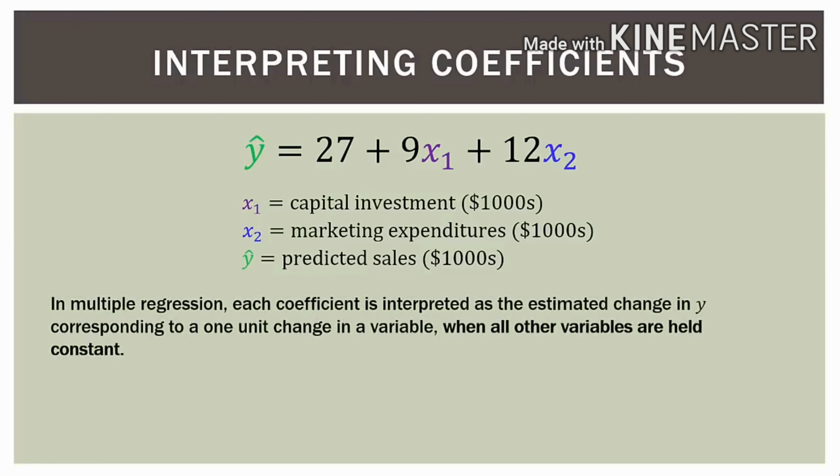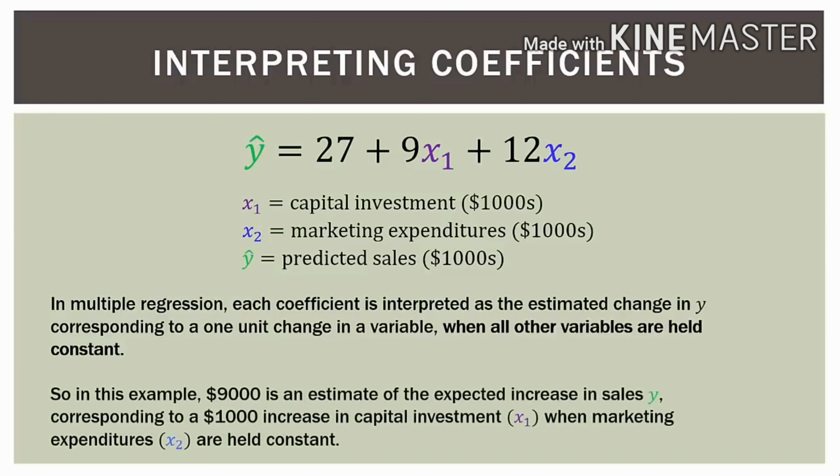So in multiple regression, each coefficient, so we have our 9 and our 12 up there, is interpreted as the estimated change in y corresponding to a 1-unit change in a variable when all other variables are held constant. So what does that mean in this problem?